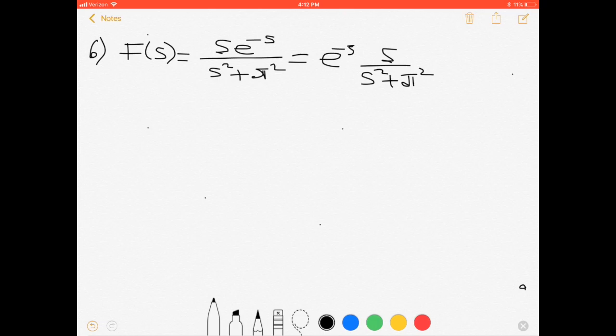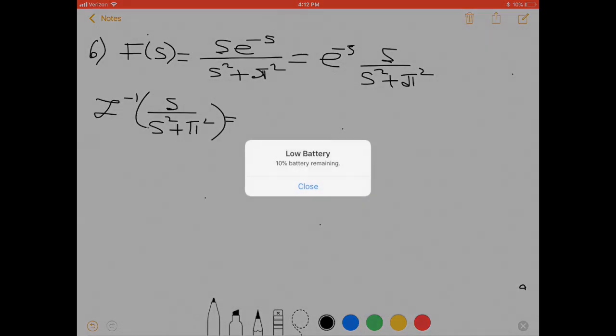The inverse Laplace transformation for the function s over s squared plus pi squared gives you cosine pi t, right?